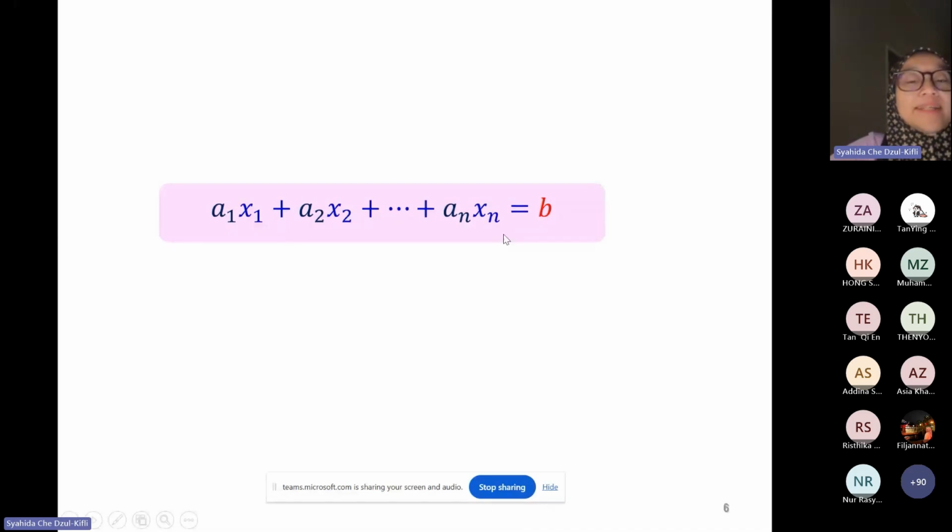So we have an equal sign here. On the left-hand side, we have variables x1, x2 up to xn. So all variables are collected on the left-hand side. And a1, a2 up to an are real numbers. x1, x2, xn are variables.